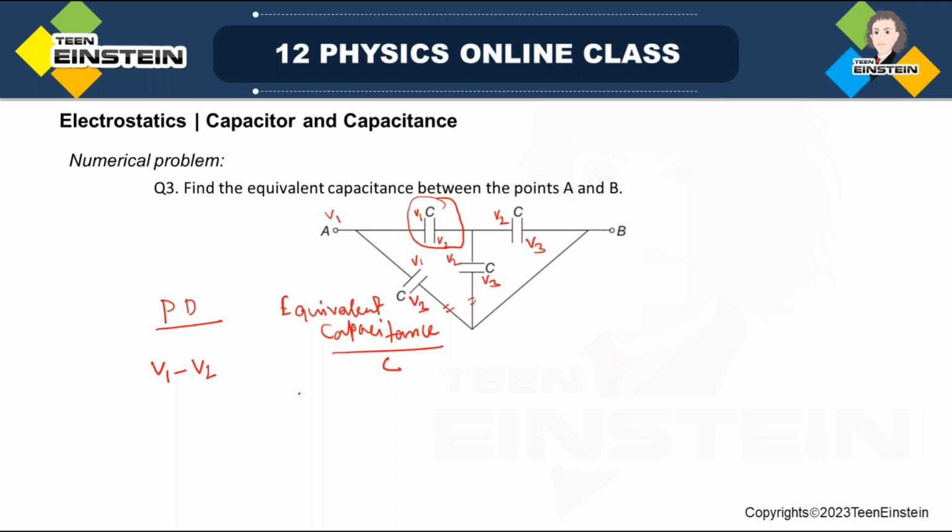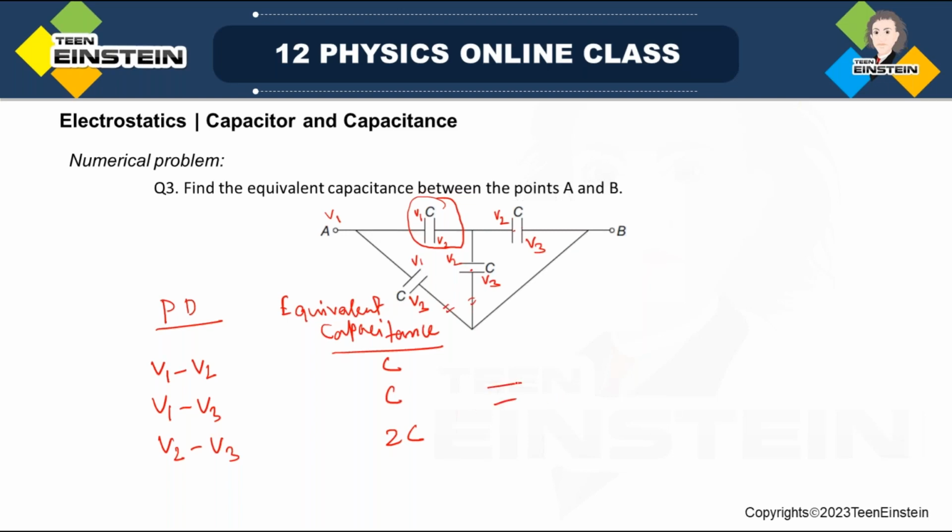So I have only 1. Then V1 minus V3, I have 1. So this is 1. What about V2 minus V3? V2 minus V3, I have 2, 1 and 2. So I have 2C here, right?